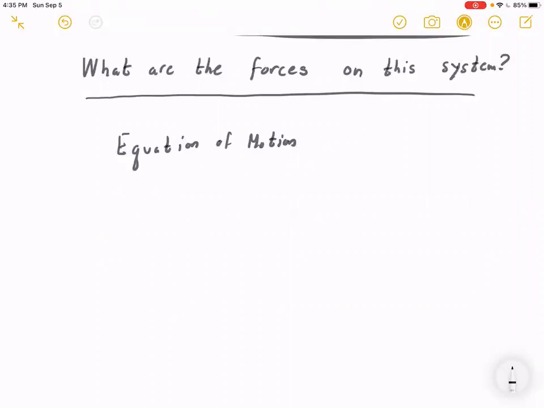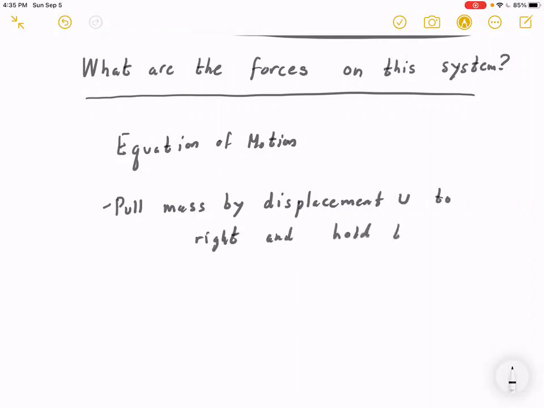In this particular case, what I'd like to do is go back to this problem and recognize that I'll pull the mass by a displacement U to the right and hold the mass. So F sub 1 plus F sub 2 would equal m times an acceleration.